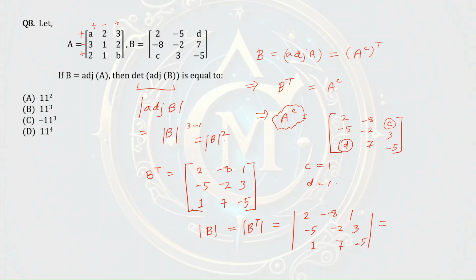If we calculate this determinant, it comes out to be 121. That means it comes out to be 11 square. So determinant B is 11 square. So that means answer should be 11 square and whole square of that. So 11 to the power 4. So option D is our correct answer. I hope you understood this question.